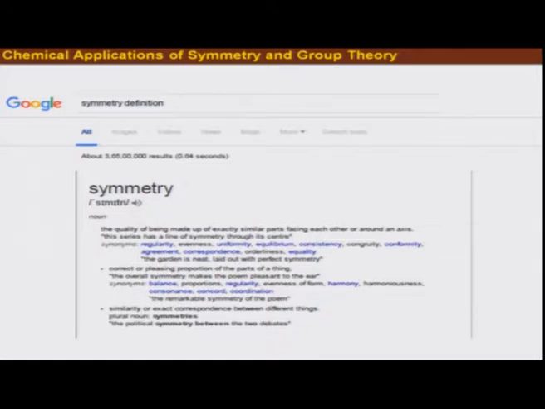This is the definition given by a search in Google, and there are many synonyms provided, like regularity, uniformity, evenness, equilibrium, consistency, orderliness.